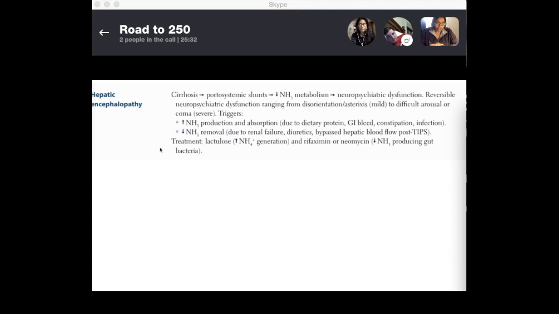Can anyone tell me how this guy functions? Pretty much like it induces lactose intolerance in the patient, so it causes like an osmotic pull and pretty much causes you to poop out the ammonia.